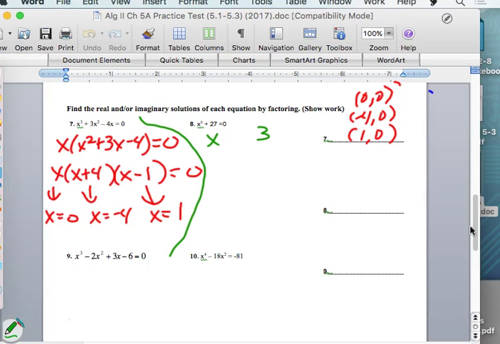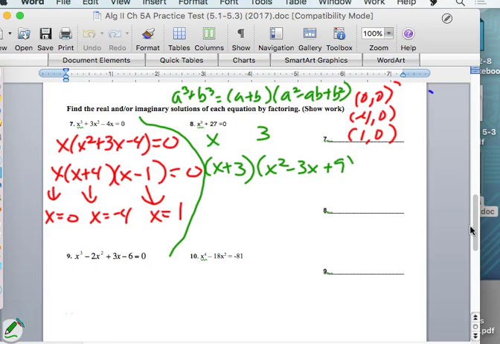First set of parentheses should have a plus or not? Yes, this has a plus, x plus 3. So when it's a cubed plus b cubed, it has to be a plus b in the front, but then a squared minus ab plus b squared in the back. So this will be x squared minus 3x plus 9 equals 0.